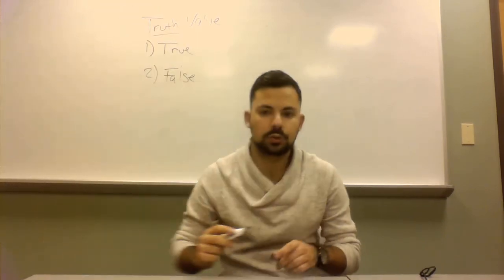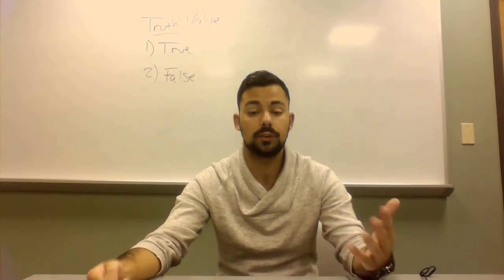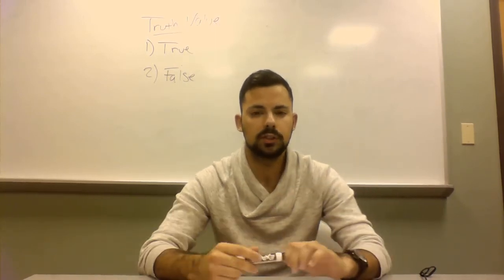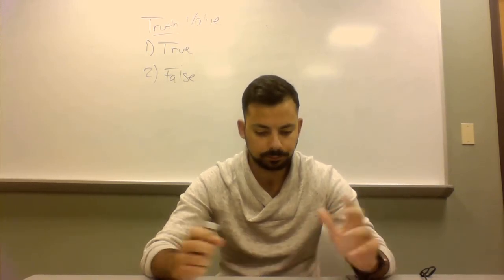So when we talk about truth values, that's what we're talking about. Is a proposition true or is a proposition false? That's going to play a lot into what we're going to be doing in this chapter and even more into the next chapter.